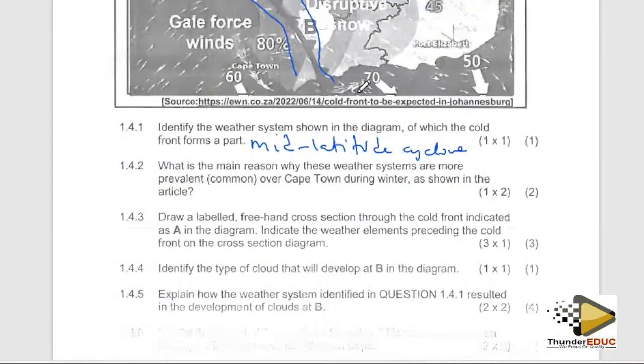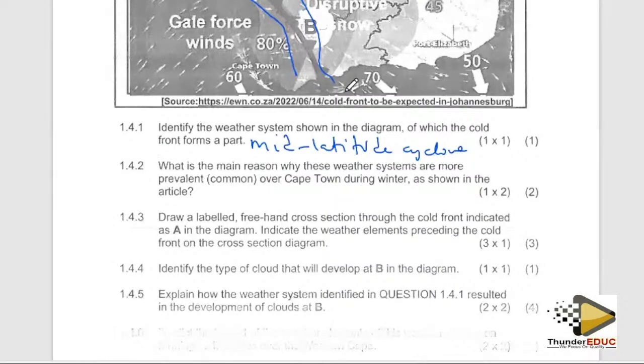1.4.2, it says, what is the main reason why these weather systems are more prevalent or common over Cape Town during winter, as shown in the article?